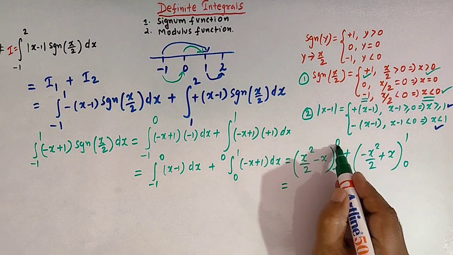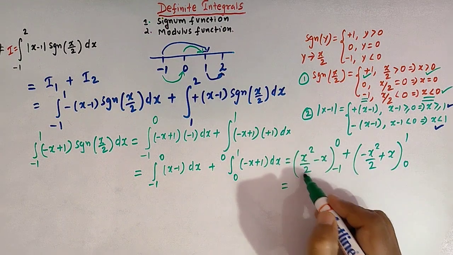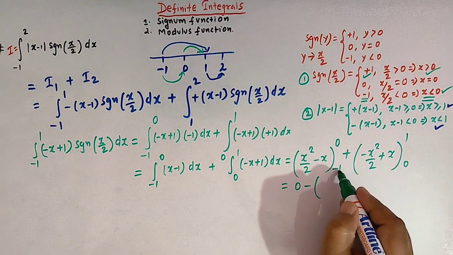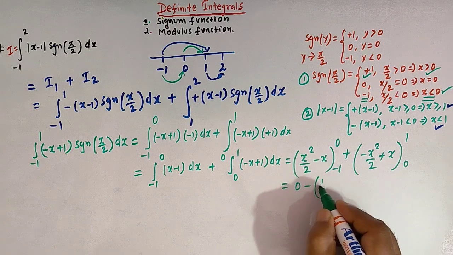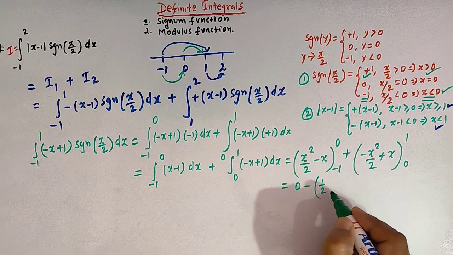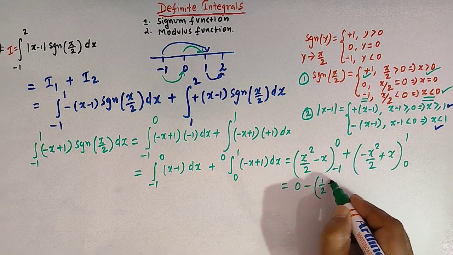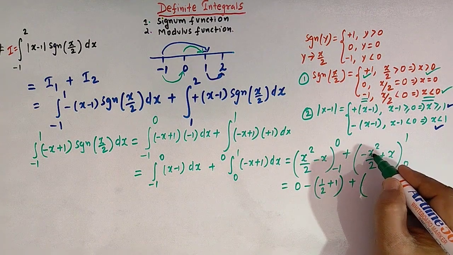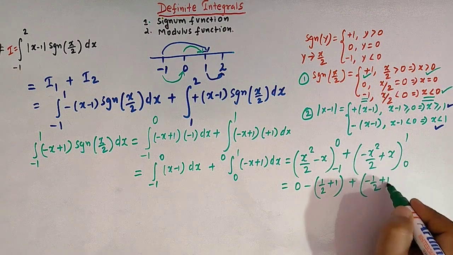Now when we take 0, the entire term would become 0. So here we have 0 minus, then we'll take minus 1. Minus 1 square is plus 1, and here we have plus 1. And here we'll take 1, so we have minus half plus 1.